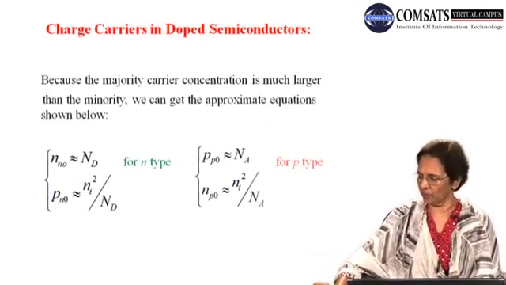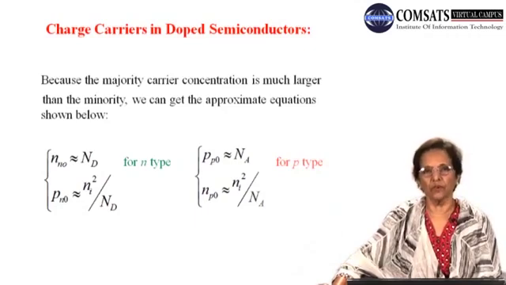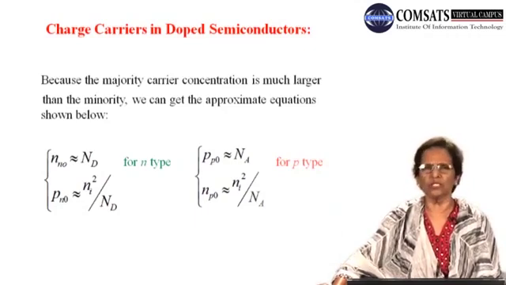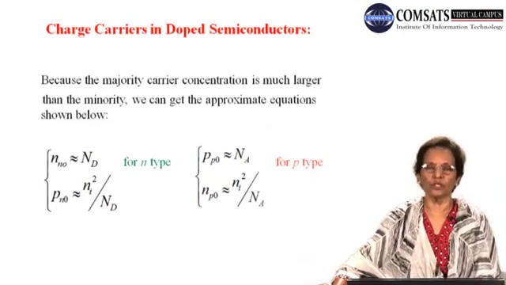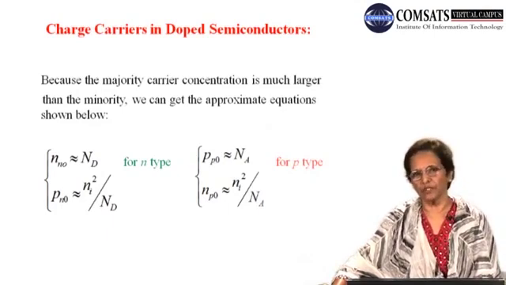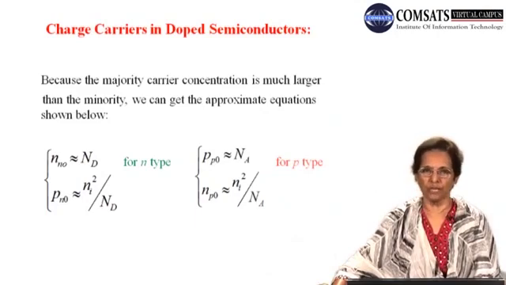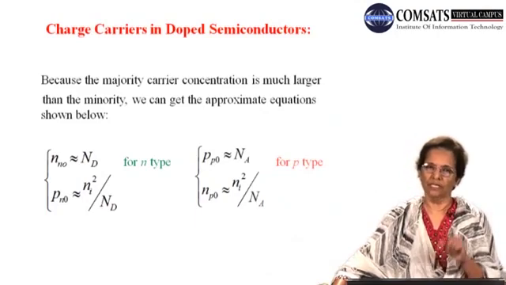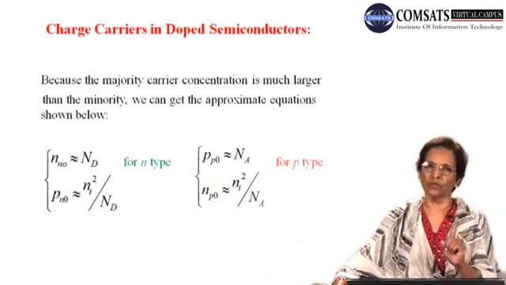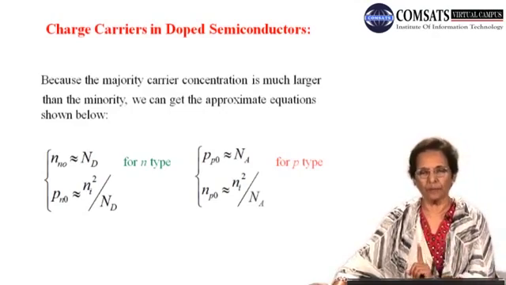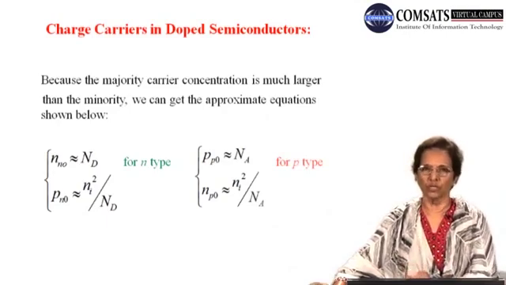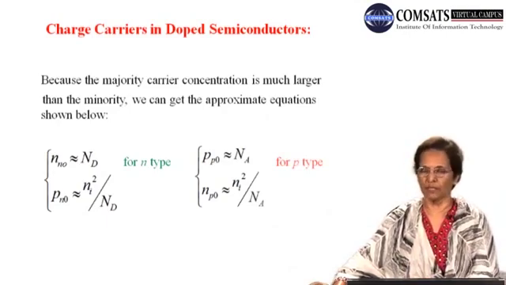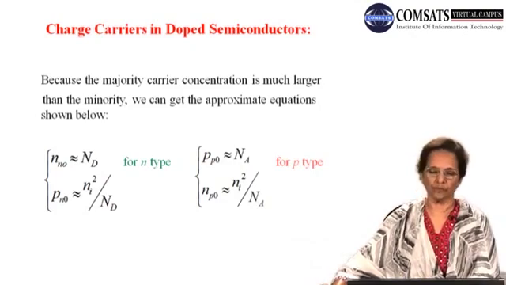The same applies on the right side of the slide for the p-type material. The only difference being, in the n-type materials, free electrons will be in the majority, and in the p-type material, free holes will be in the majority. The electron concentration will be almost equal to the donor concentration. For p-type material, the free hole concentration is almost equal to the ionized acceptor impurity concentration.